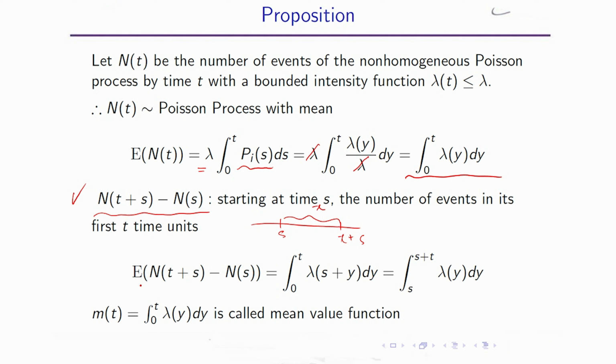So the expectation of N(t+s) minus N(s), the arrivals between s and t plus s, is equal to the integration from 0 to t of λ(s+y) dy, because the length of time is t. Since y starts from 0, the system starts from s and is terminated at time t plus s. So that is just like the integration from s to s plus t of λ(y) dy.